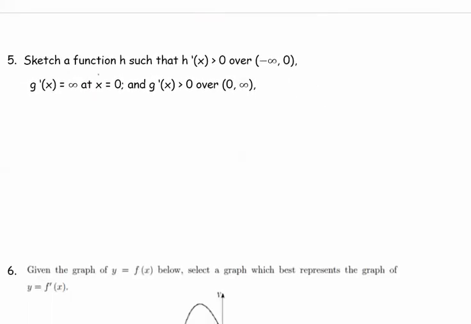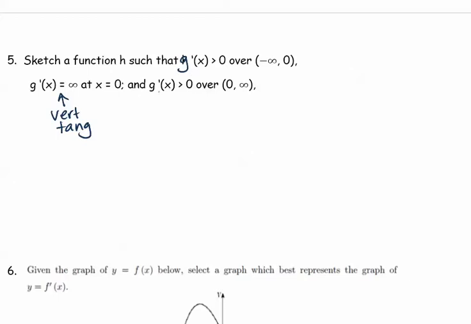All right, now we want to think of a function that has a positive derivative on the negative side. Then it has a vertical tangent at x equals 0. And then the derivative, oops, it looks like I switched letters here. Let's try being consistent there. Let's maybe stick with all g primes.